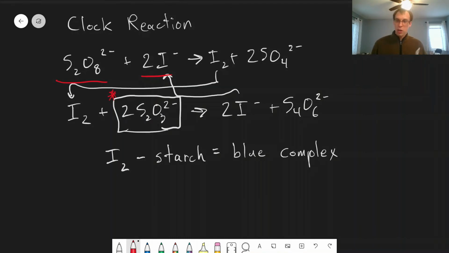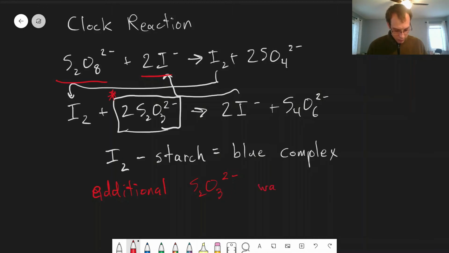We know the number of moles of thiosulfate we put in, because we know the concentration that we made and the amount of it that we put in. When that number of moles is all used up, we'll see the blue color. Then we'll add additional thiosulfate, the same amount that we had in the reaction to start with, and the color will disappear because the I2 will react with the thiosulfate, and we will lose that I2 starch complex.